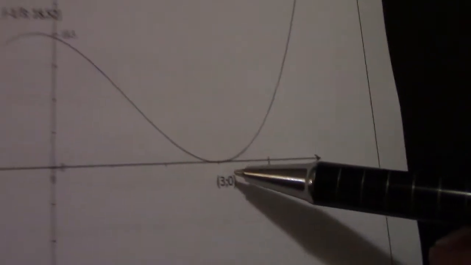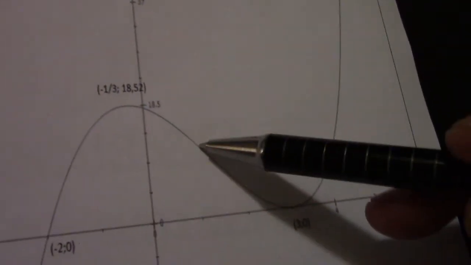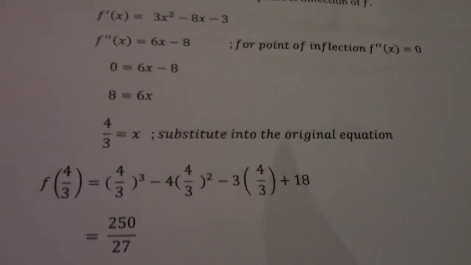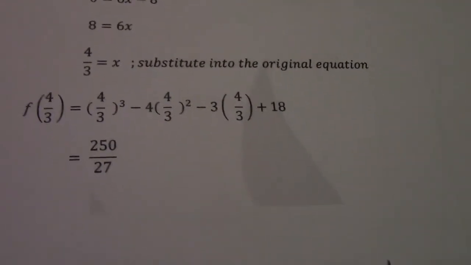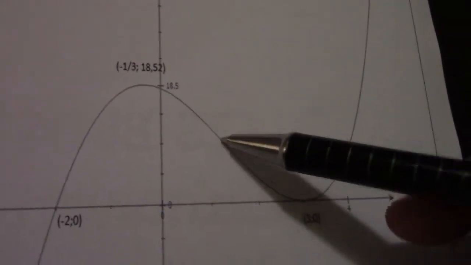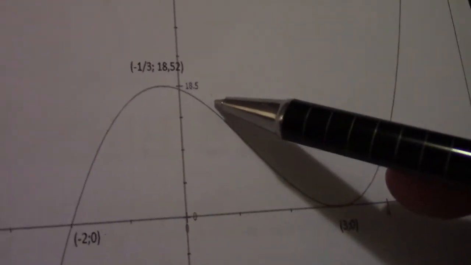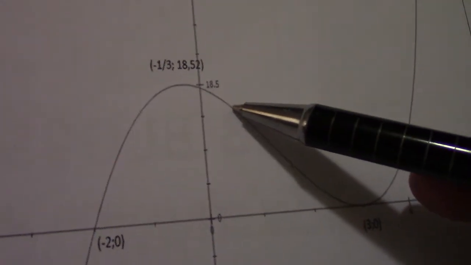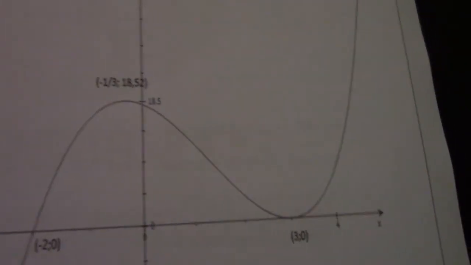So you see my second stationary point is on that same point. I can plot the point of inflection, which is effectively 4 over 3 and 250 over 27, somewhere roughly about there. And then I have a y-intercept at 0 and 18. So the graph goes through 0 and 18, and then I join them up, and there's the graph.